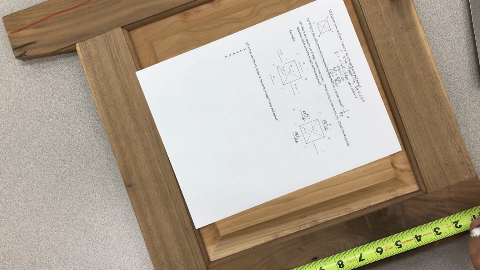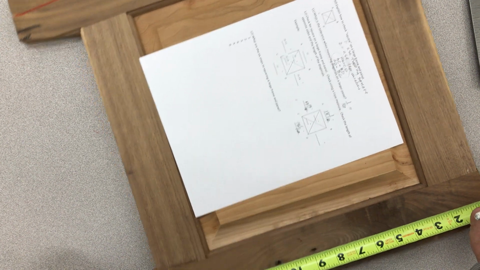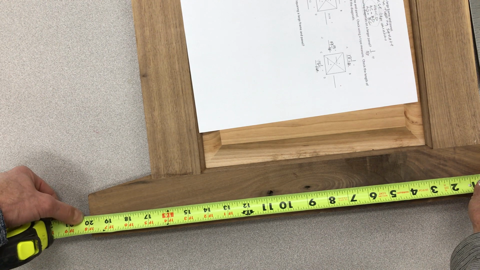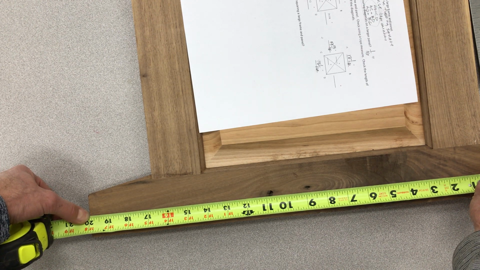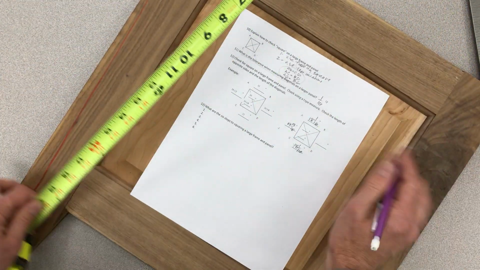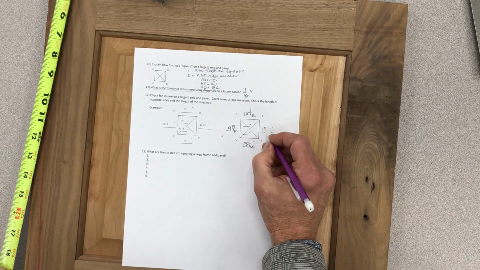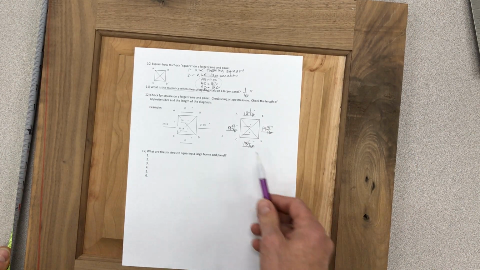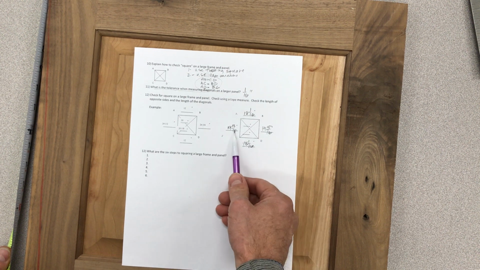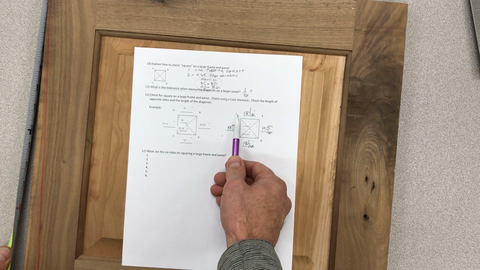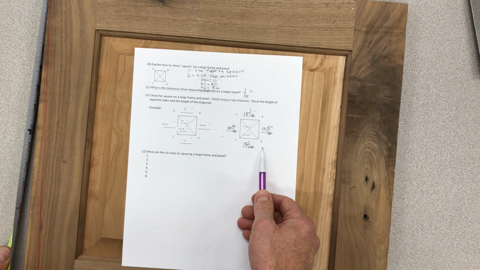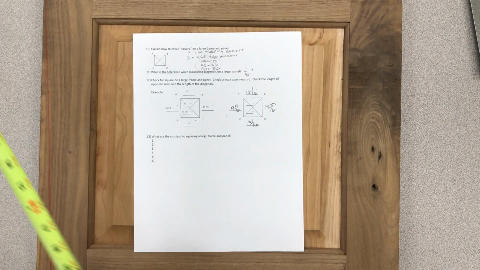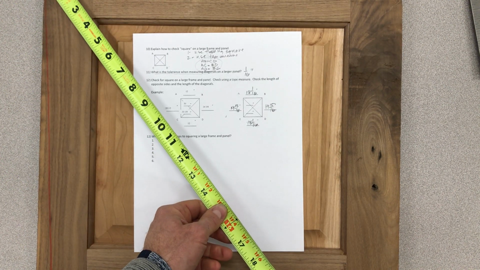This guy is 19 15/16. So I already know that something's going to go off here because I'm 1/8 of an inch out of square from AC to BD. So let's check the diagonals now and see what they look like.